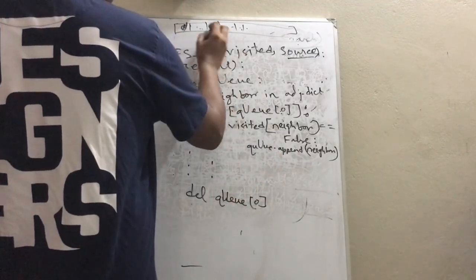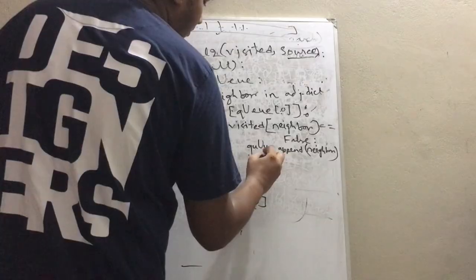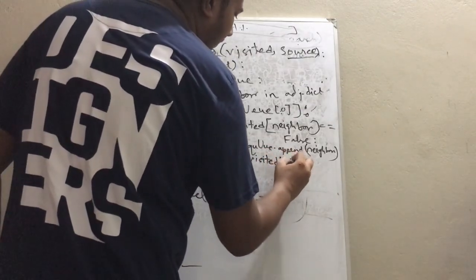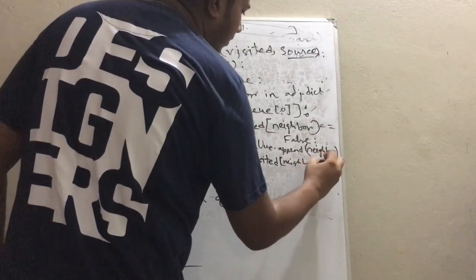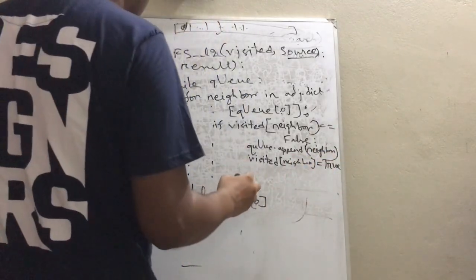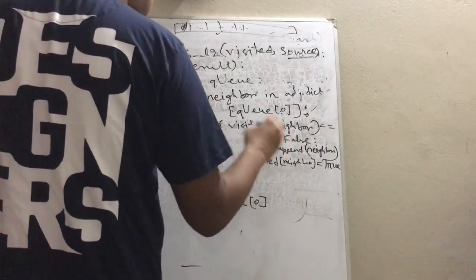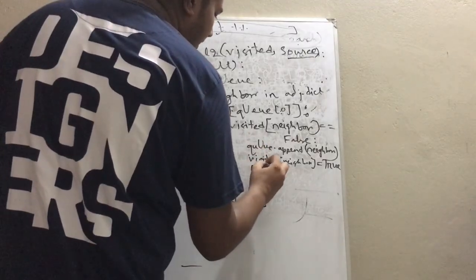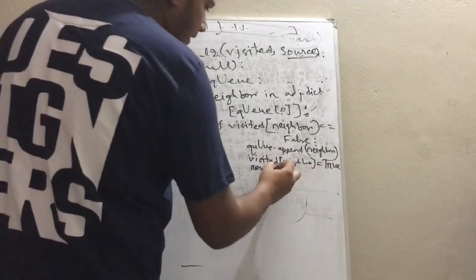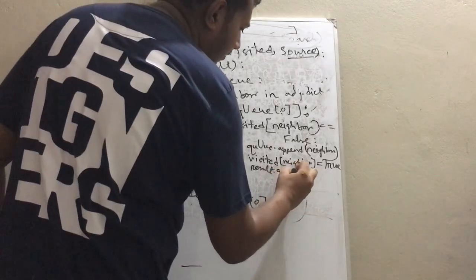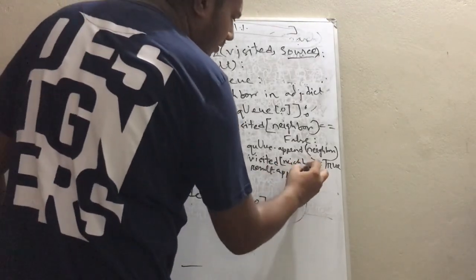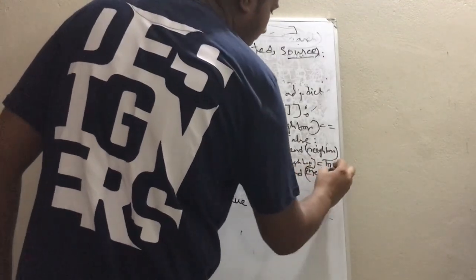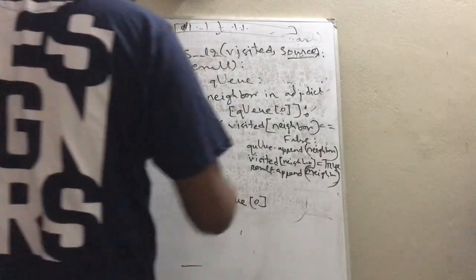As we add the neighbor into the Q, we also mark it visited, so visited of neighbor is true. Also for the result, because it is visited now, that neighbor has to be appended to the result. Append neighbor. That's it.